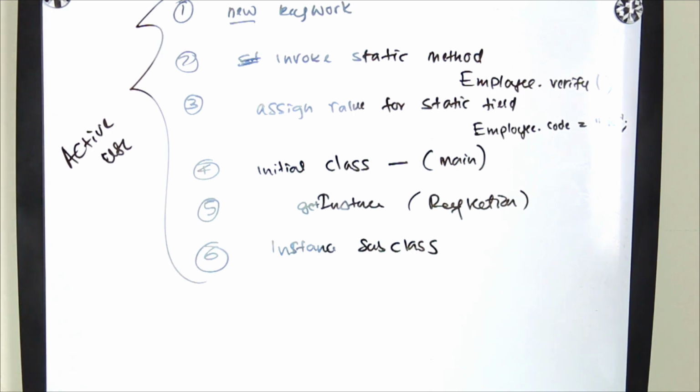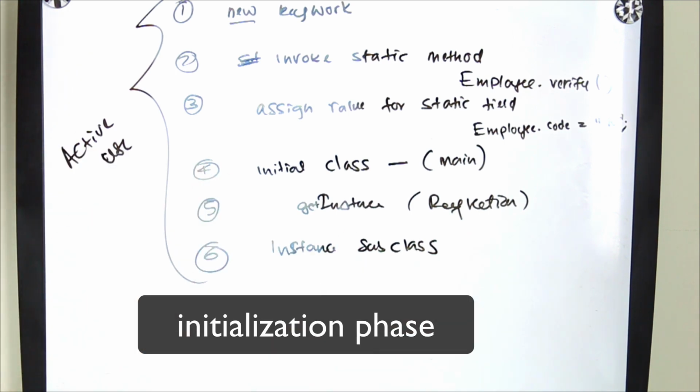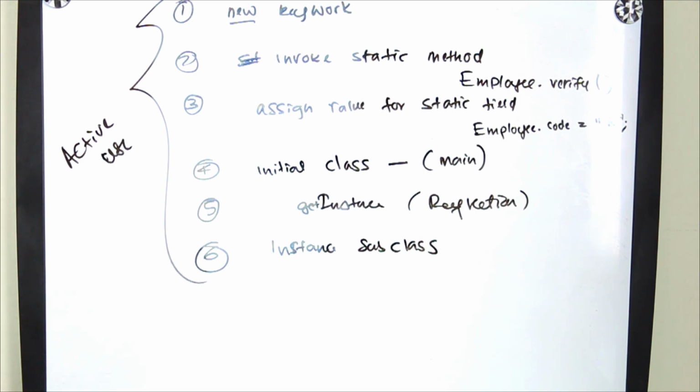It must actually create an instance of the object is not exactly true, but it must go through this initialization phase. All others are considered passive use, so those are not required to go through this initialization process. But if a class is subject to any of these 6, it must go through this initialization process.